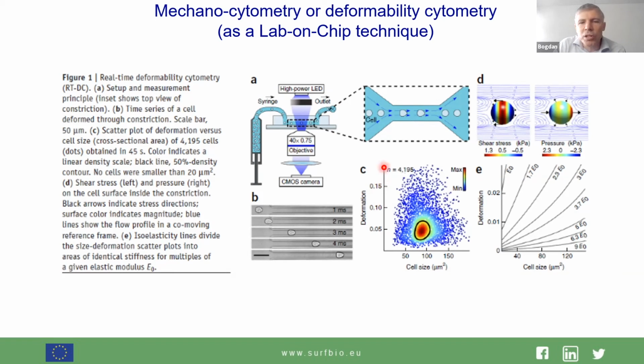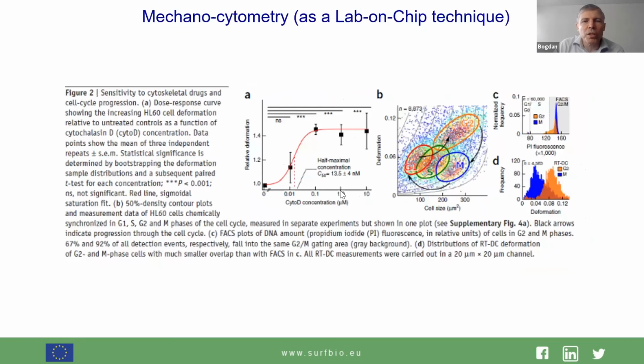Here in mechanocytometry, typically a deformation, a deviation from circularity, is plotted versus cell size, and depending on the cell size, their stiffness changes. So there will be a dependency here. And in the next slide, we can see that different cell types were put through this microfluidic constriction area, and they exhibited different deformations as a function of their cell size.